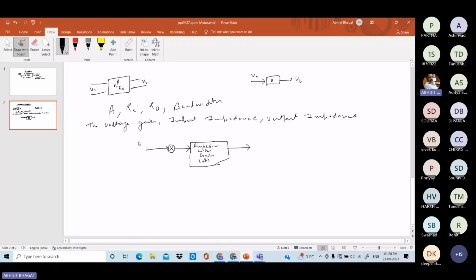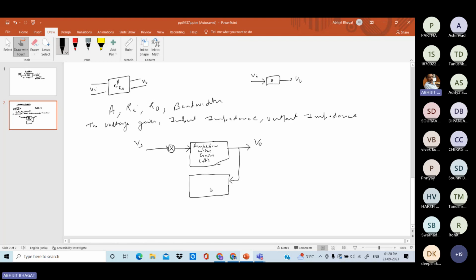So here suppose Vs is your signal voltage and V0 is the output voltage. By using the feedback technique, some part of the output is fed back to the input side through the feedback network.